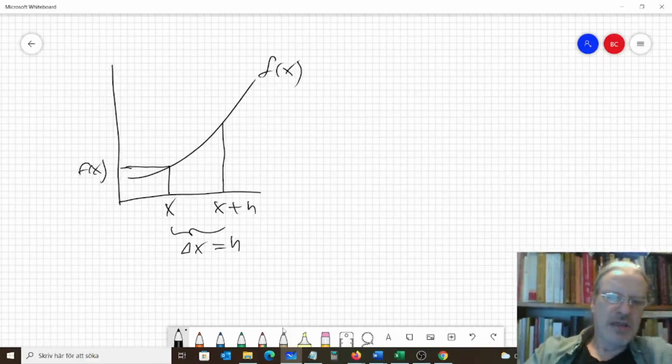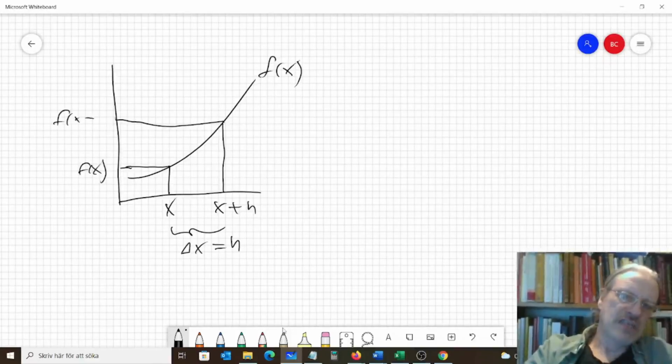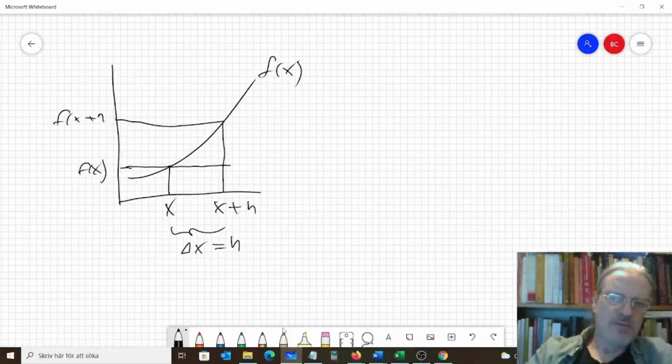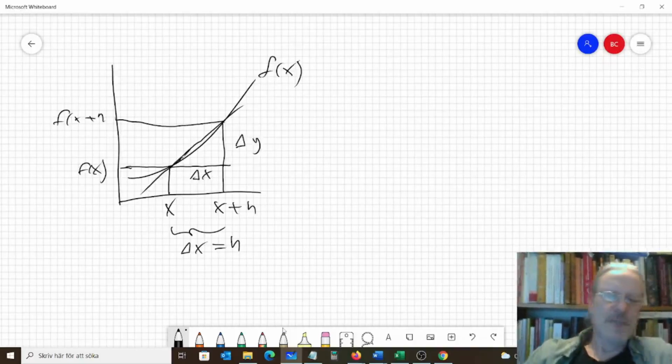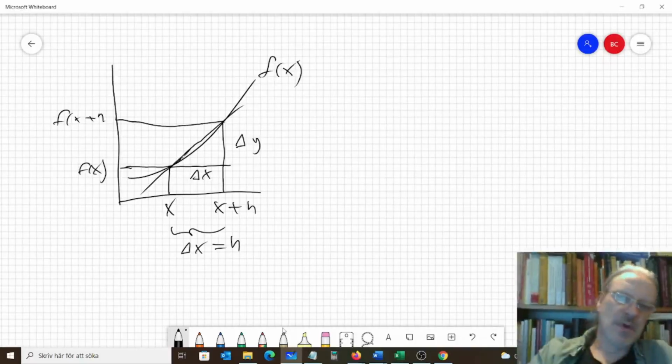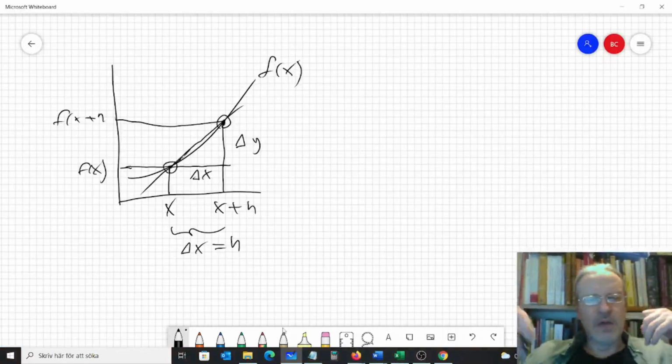And if I plug x plus h into my function, I get f of x plus h. So the slope of the secant here will be change of y over change of x. And as we move the second point, this one over here, closer and closer to this one over there, our slope should get closer and closer to the slope at the point.